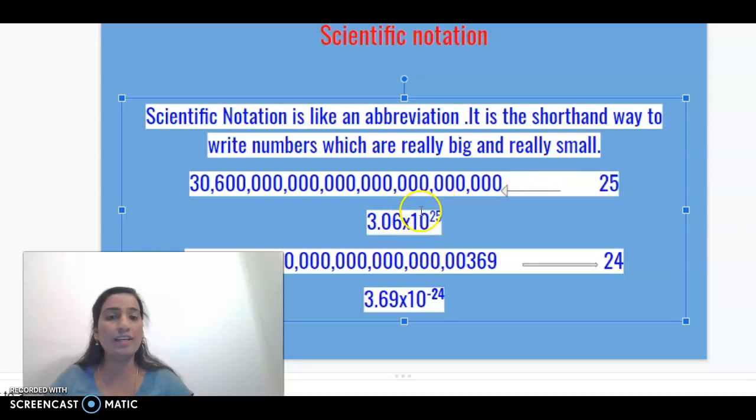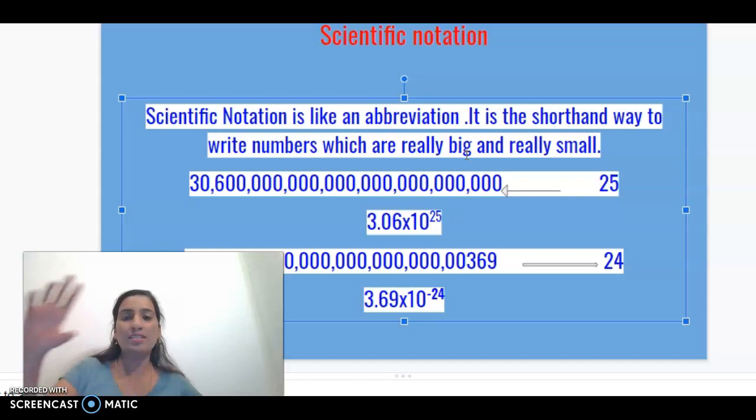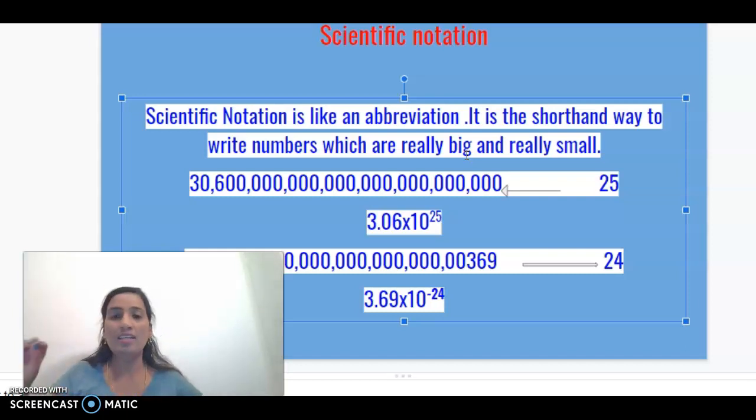From where did this 25 come? This 25 is the number of places we have shifted the decimal point. We have shifted the decimal 25 places to the left, so that there is only one single digit at the left side of the decimal point. And how many places we have shifted the decimal, that we have to write here.